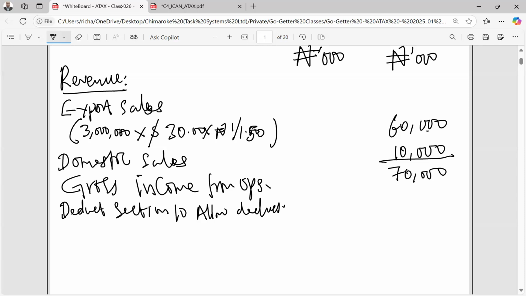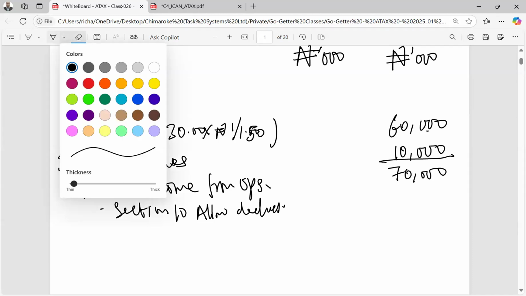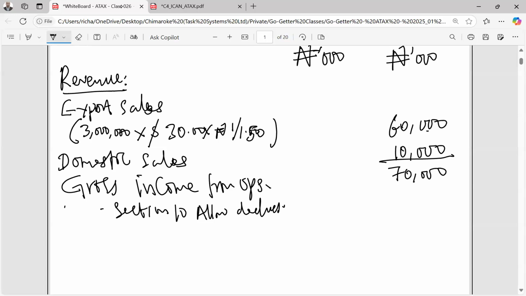Just simply say less allowable deduction. But since I know it is section 10, I just go here and say less section 10 allowable deduction. Now, let's be looking at them one by one.